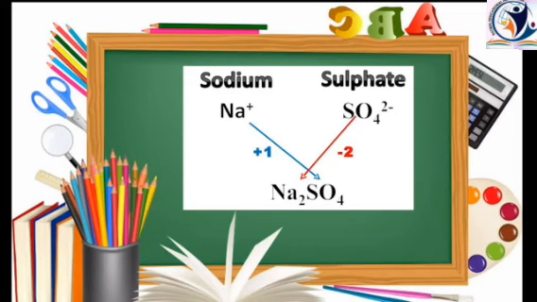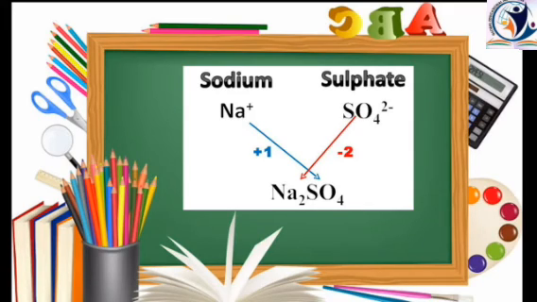Next example, sodium sulfate. The symbol of sodium we know is Na. Sulfate SO4 2 minus. Now we will write their valency, that is +1 for sodium and -2 for sulfate. Sodium is a metal, so we are writing it in front, and then we are going with the cross multiplication excluding the charges.